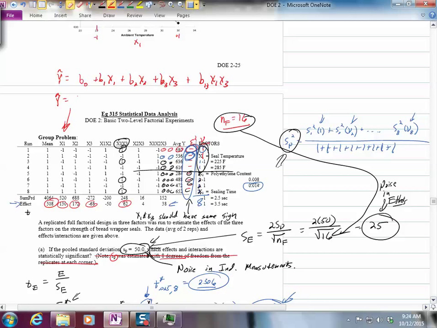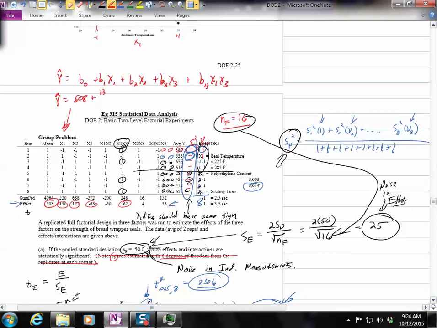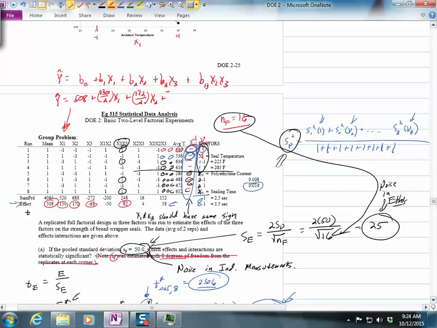So in numbers, the mean is 508. B1, 130 divided by 2 times x1 plus 172 over 2, and so forth, minus 68.